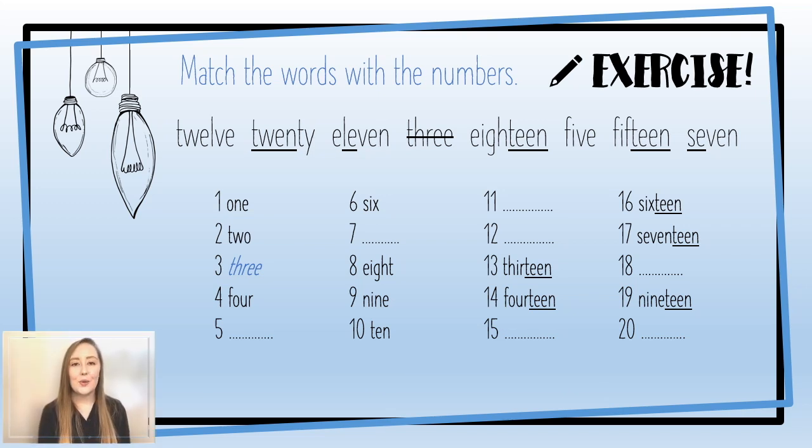Okay, so let's go through the answers. So we had 1, 2, 3, 4, and what was the next one? Excellent, 5. So because this has one sound, it has one syllable. So no stressed syllable in this word.